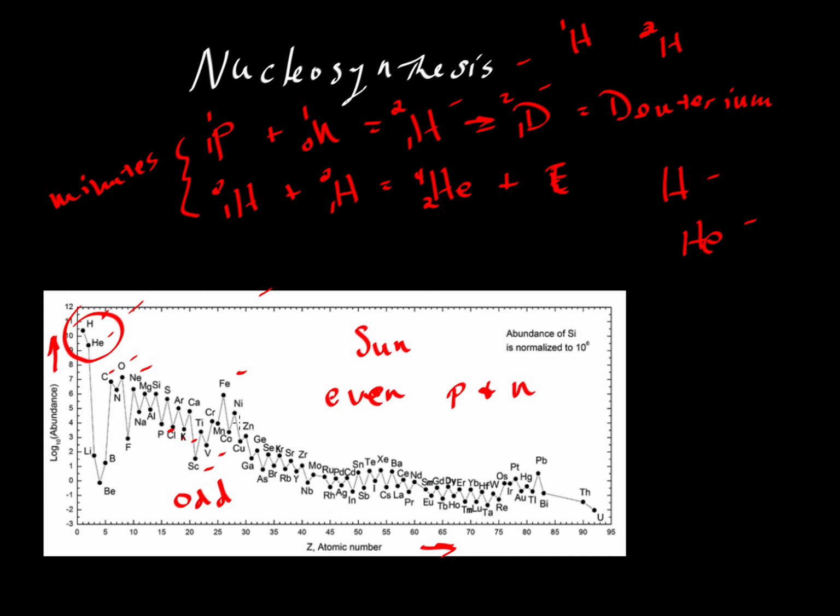So you can see the elements that have even numbers of protons and neutrons tend to be more abundant than those that have an odd number. Now that's going to be very important to us when we start looking at rare earth element diagrams. So we're going to go a little bit further into nucleosynthesis and talk about why these even numbered elements are favored. So let's go ahead and erase the chalkboard.